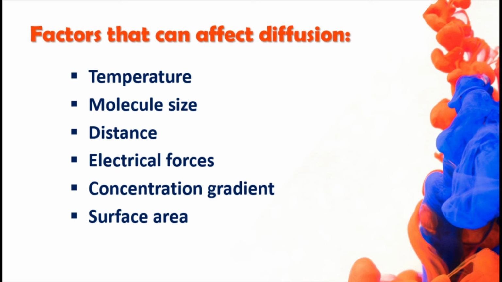That is why when a particular substance is being dissolved in a warmer solvent, the diffusion process takes place much faster compared to a colder solution. So if the temperature is higher, there is a faster rate of diffusion.